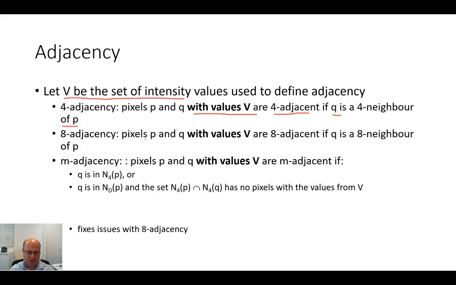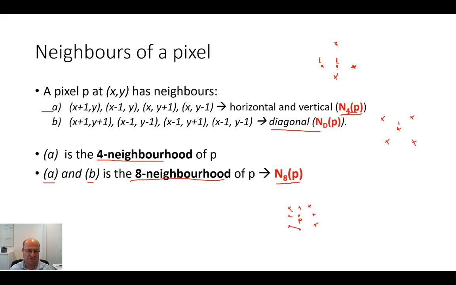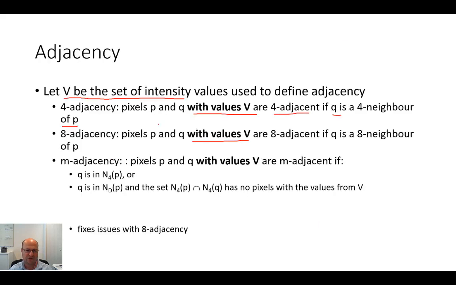8 adjacency is defined as pixels P and Q, again with the same intensity values V, being 8 adjacent if Q is an 8 neighbor of P. So far, so good. The normal definitions of 4 neighborhood and 8 neighborhood are extended to adjacency. But now the M adjacency is a little bit different.